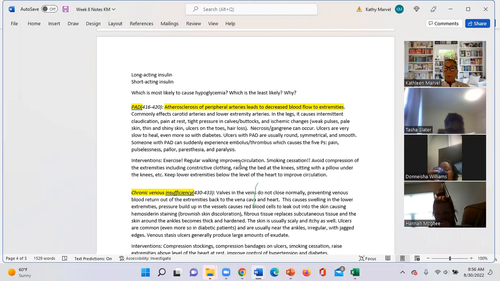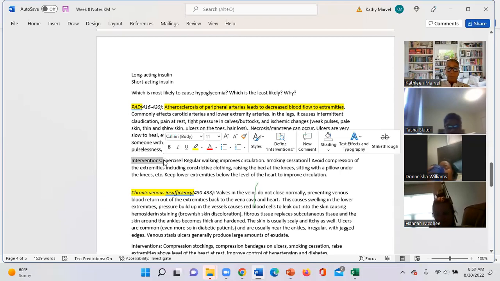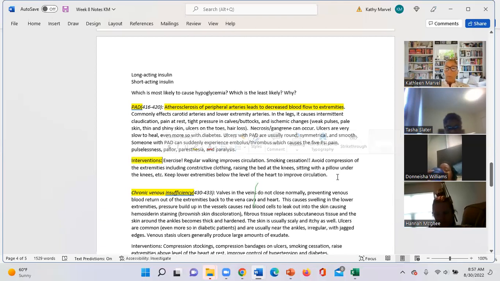That's exactly right. And it typically affects your lower extremities, which is why it's called peripheral. Okay. What do you do with clients with peripheral artery disease? Here's your interventions. Walking improves circulation. Smoking cessation if they smoke. Keep your lower extremities below the level of the heart to improve circulation.